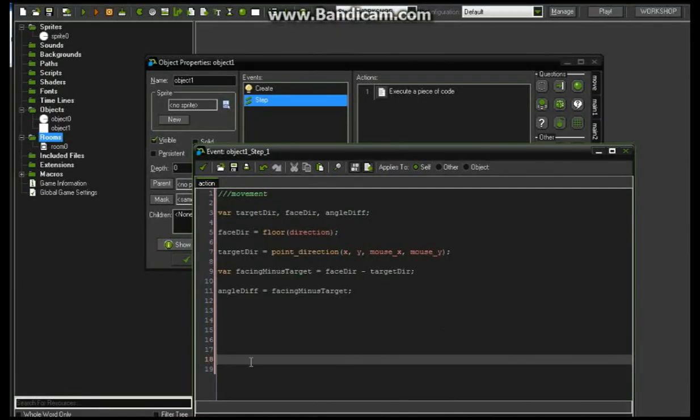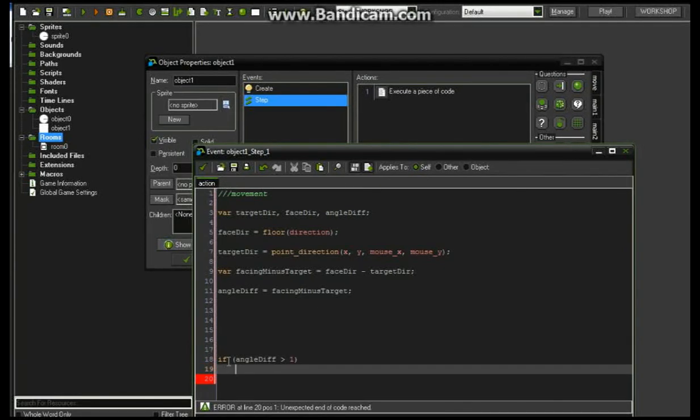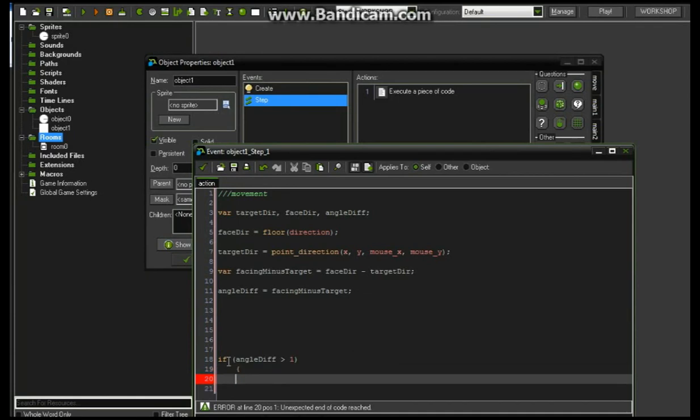So this is how we do that. If the angle difference is greater than 1, that is to say if our angle difference is a positive number, then we're going to subtract from our current facing direction by the turn speed.